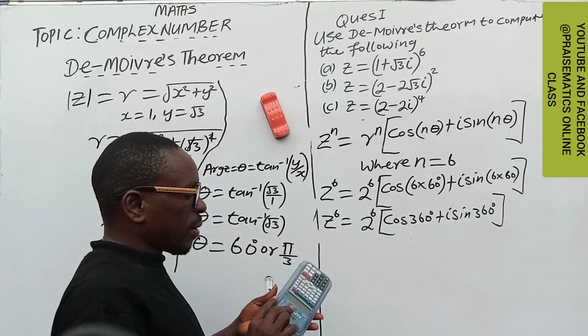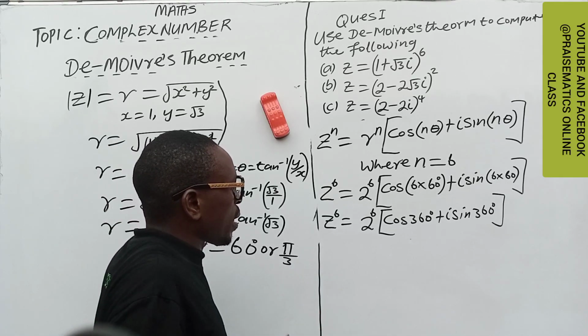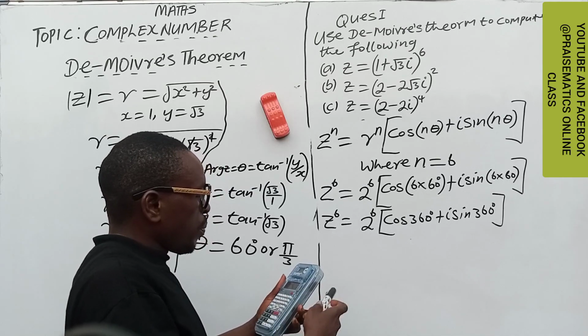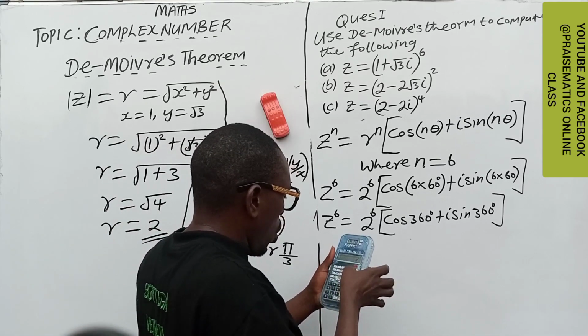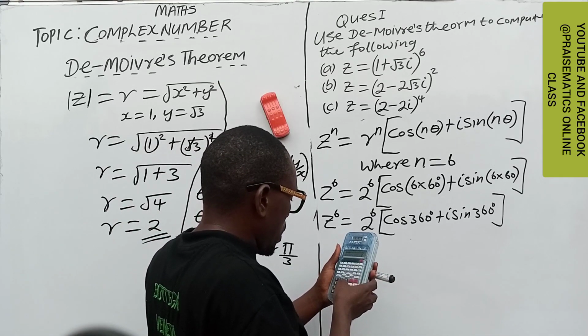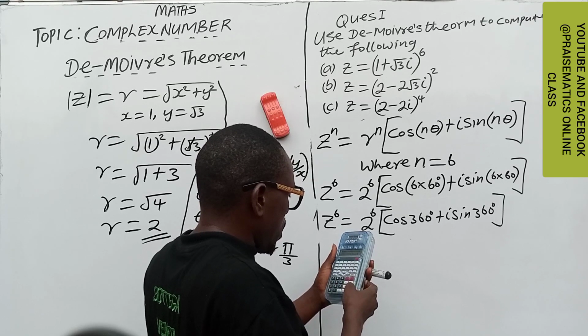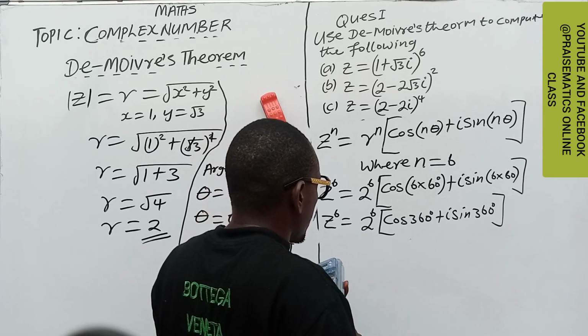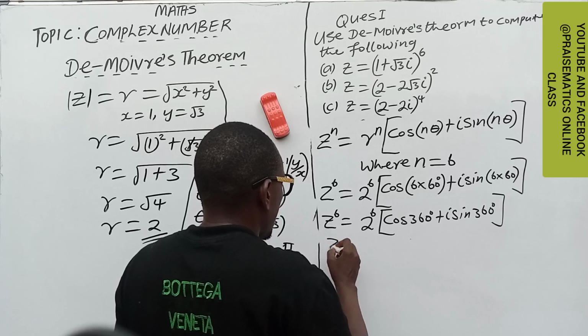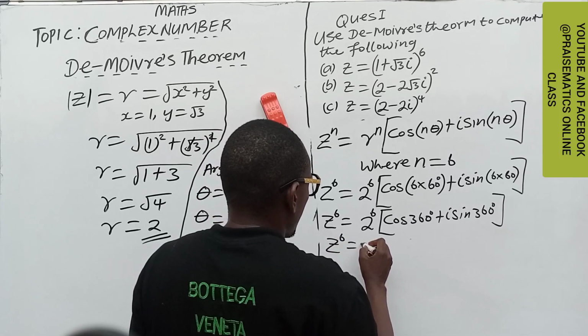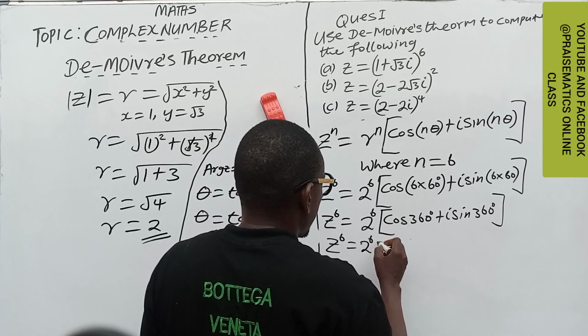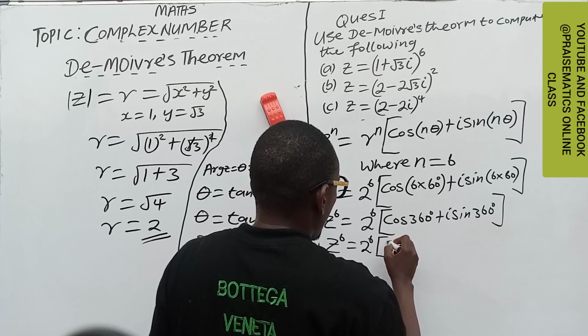Finally, we use our calculator. Press cos 360 is equal to 1. That means z power 6 is equal to 2 raised to power 6 into 1.